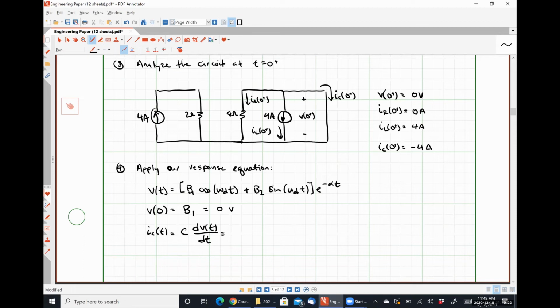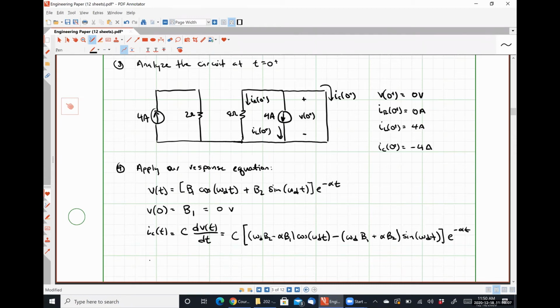So using our table, this becomes C times the underdamped derivative: (omega d B2 minus alpha B1) cosine omega d t minus (omega d B1 plus alpha B2) sine omega d t, all times e to the minus alpha t. I'm not going to make you do that derivative over and over again. That's what the table is for.